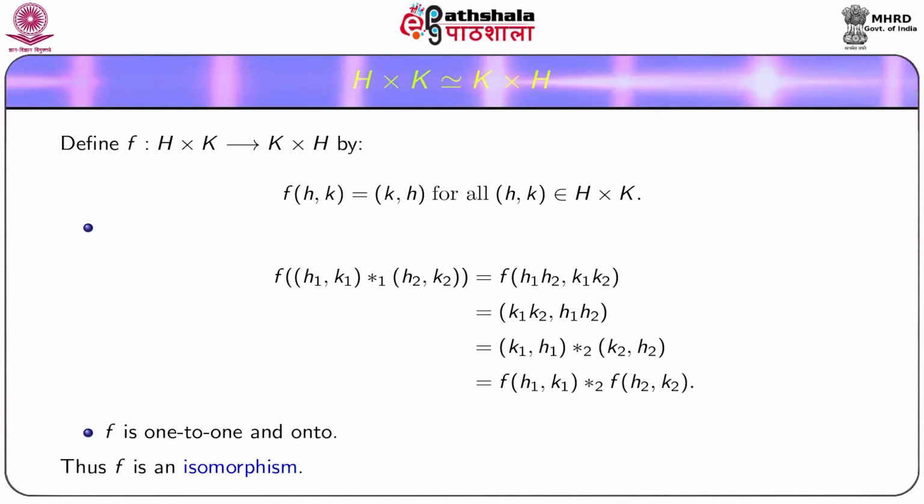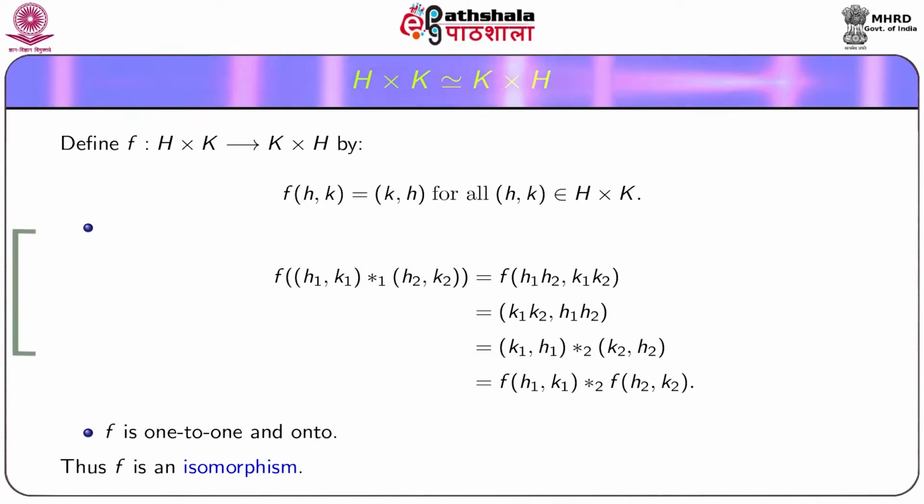Now, to check whether f is a homomorphism, let me first distinguish the operations on H cross K and K cross H. Let me denote the operation on H cross K by star 1 and the operation on K cross H by star 2.